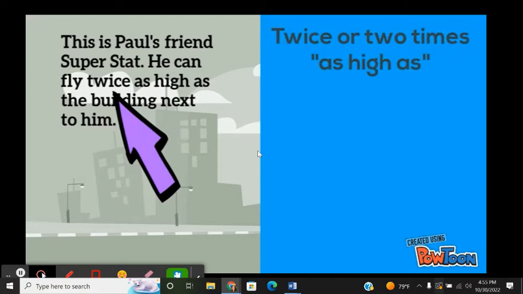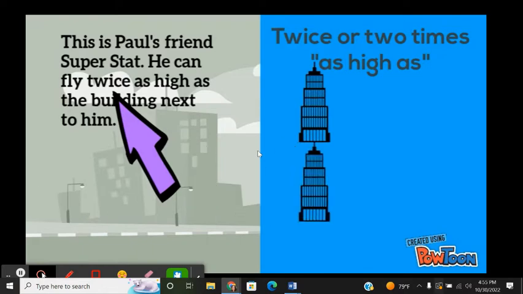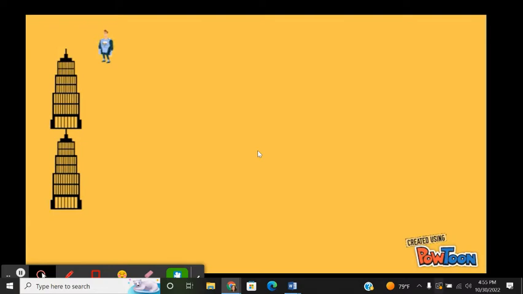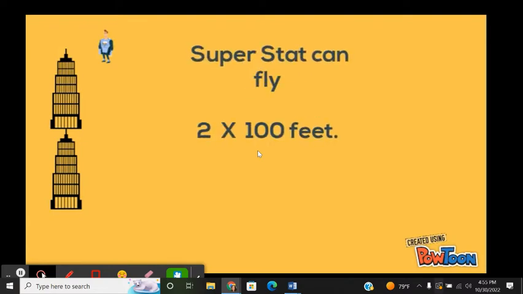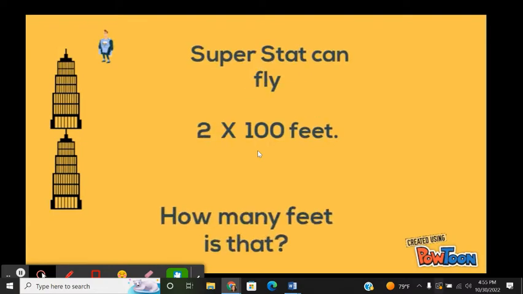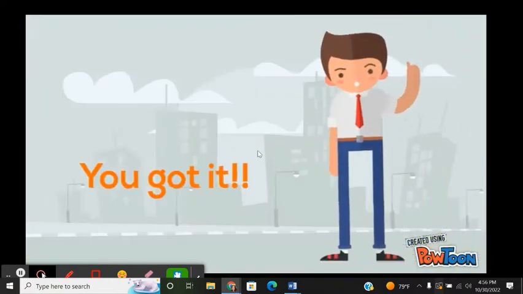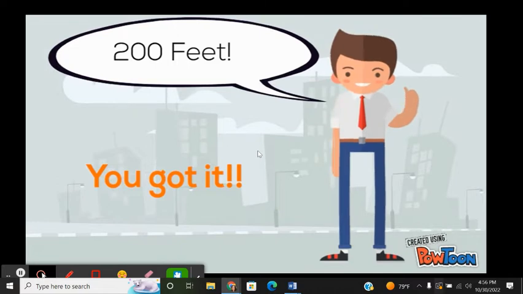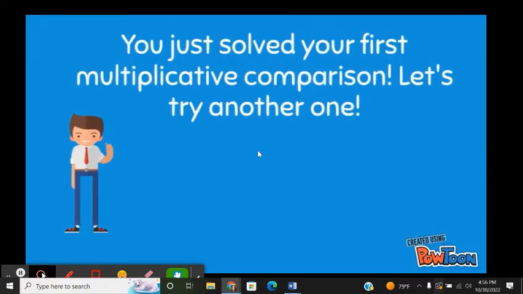That helps me to know twice or 2 times as high as. So I'm going to do 2 times the amount of one tower, which is 2 hundreds on top of each other. Superstat can fly 2 times 100 feet. How many feet is that? You got it, 200 feet. You just solved your first multiplicative comparison.